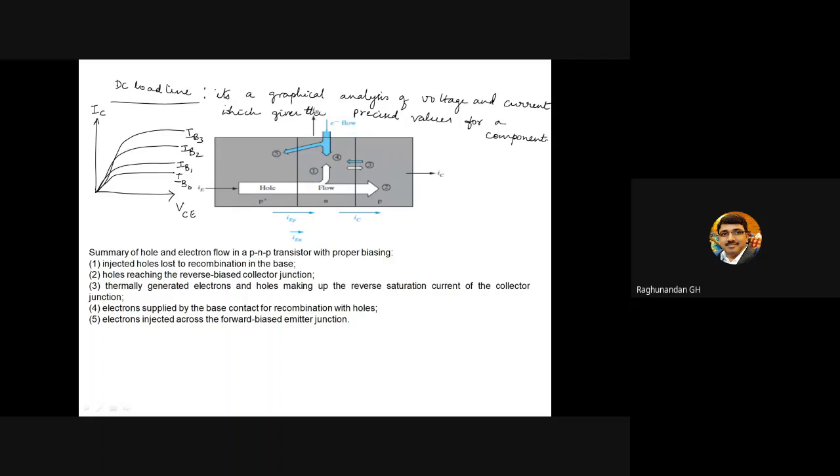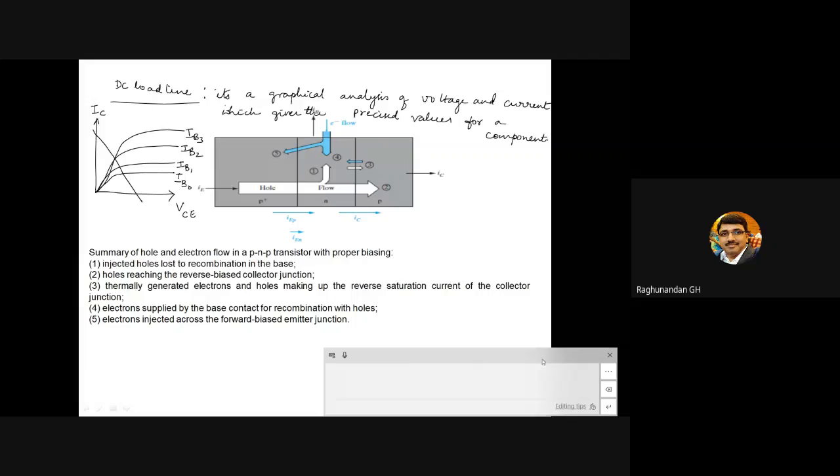Or in other words, it is a graphical analysis of a diode or a transistor which gives precise values of voltage and current. We are going to plot this DC load line like this. This will be the DC load line we are having.